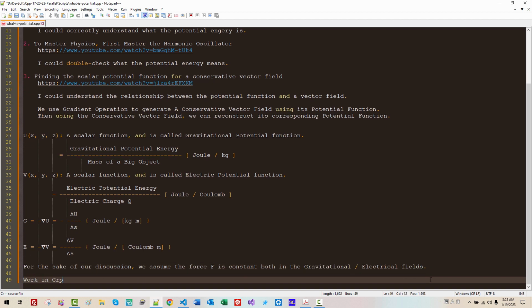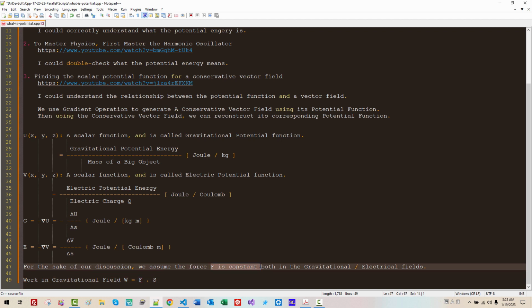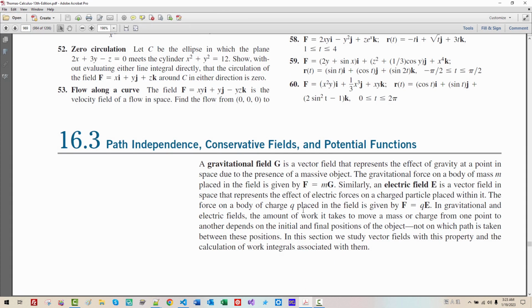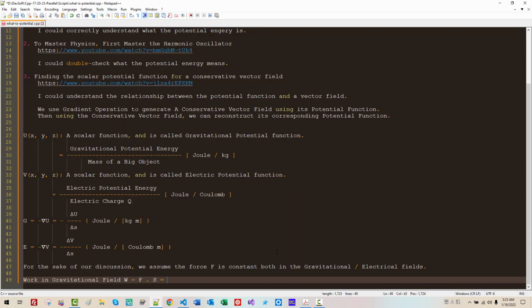Work in the gravitational field is W equals F dot S, because F is assumed to be constant. Then from this book, the gravitational force F is mg. So mg dot S. Here m is mass, so its unit is kilogram.